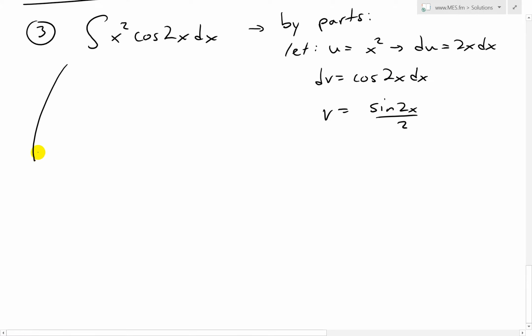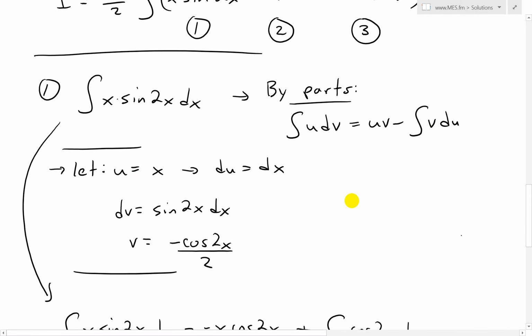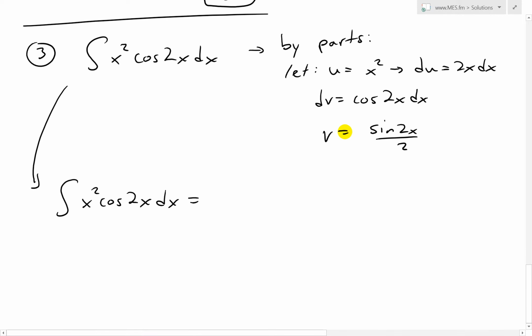So then this goes down, and we have the integral of x squared cos 2x dx equals u times v. Remember the formula, uv minus the integral of v du, like that. So in this case u is x squared, v is sine 2x over 2, like that.